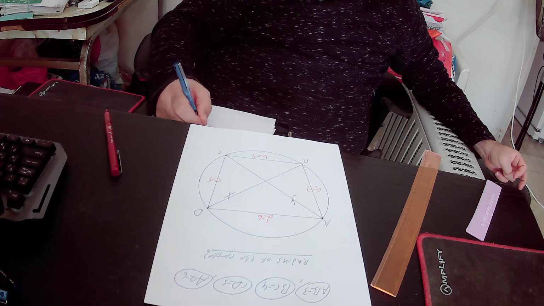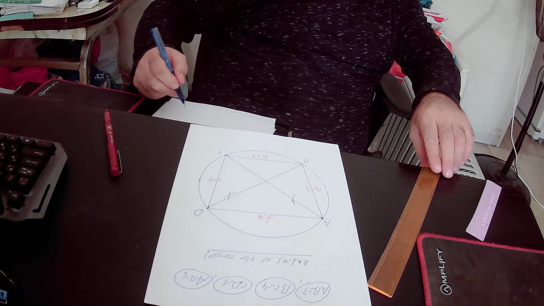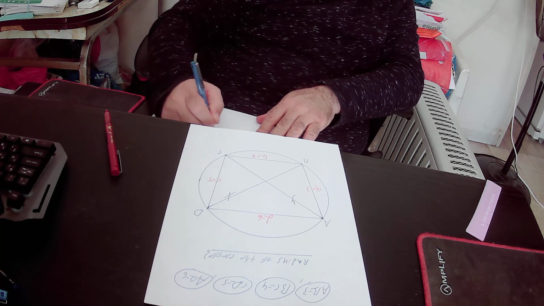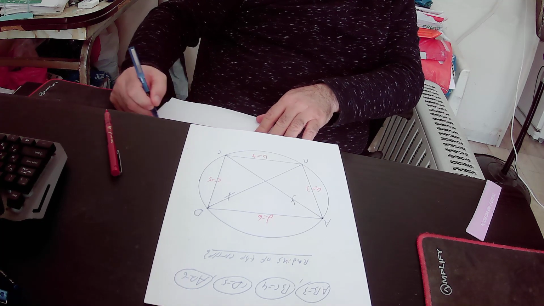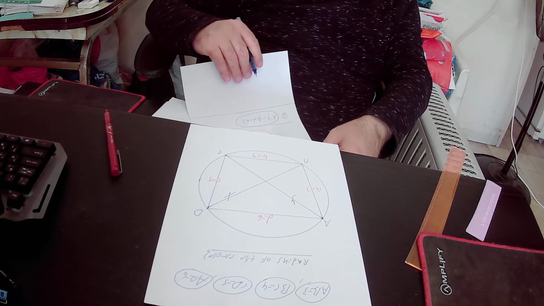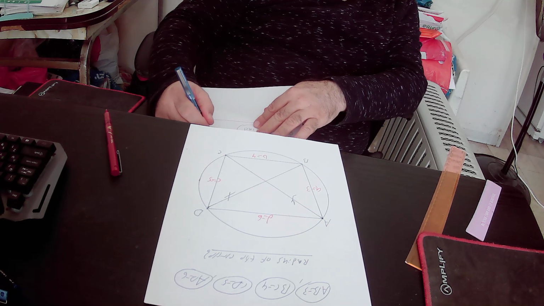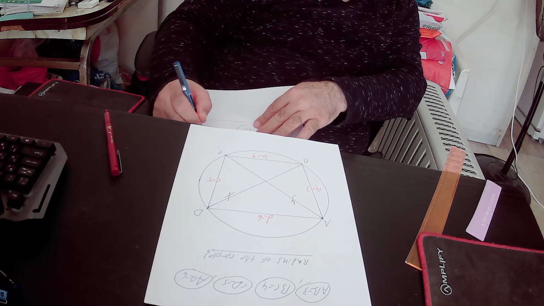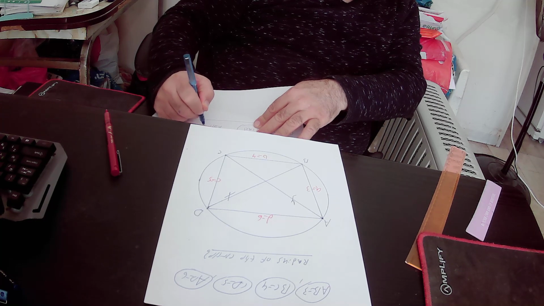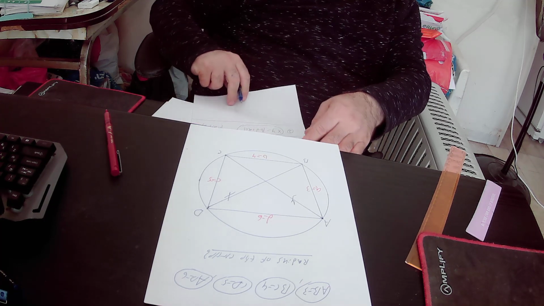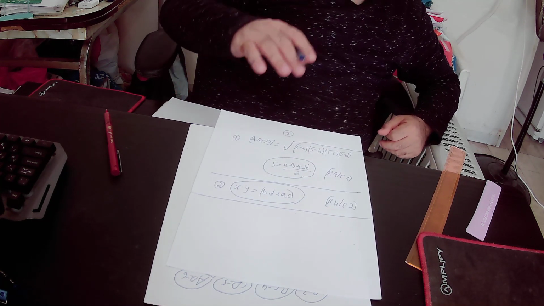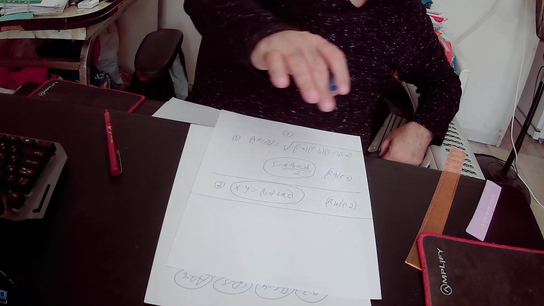Okay, xy equals BD plus AC. So equation number 2 is the implementation of rule number 2 in our drawing.